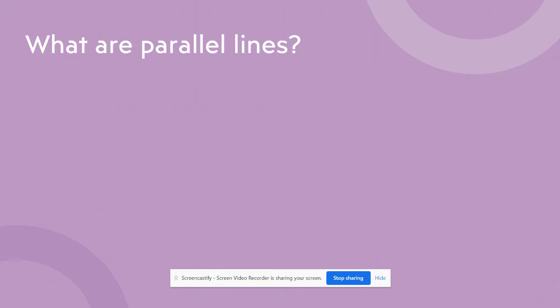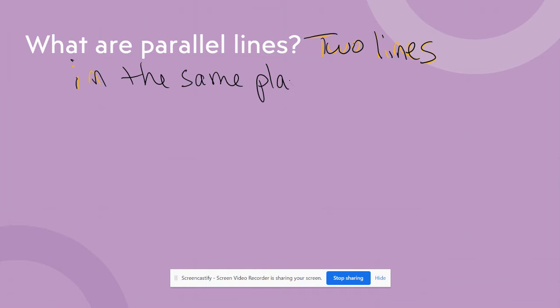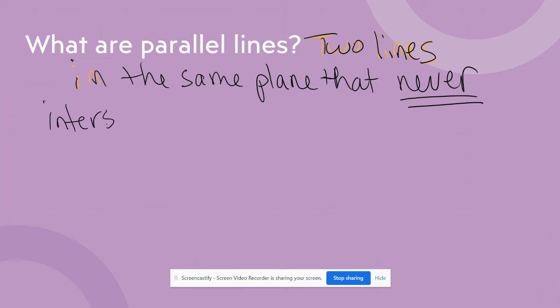So parallel lines: two lines in the same plane that never intersect.